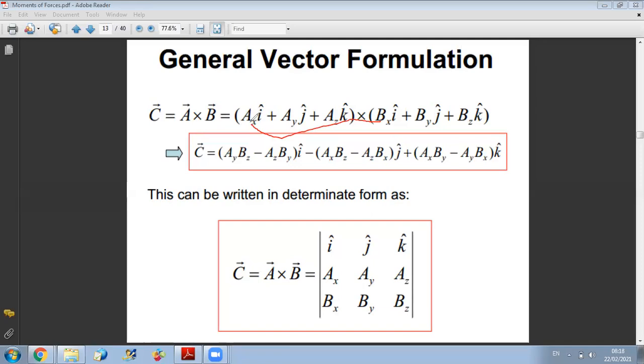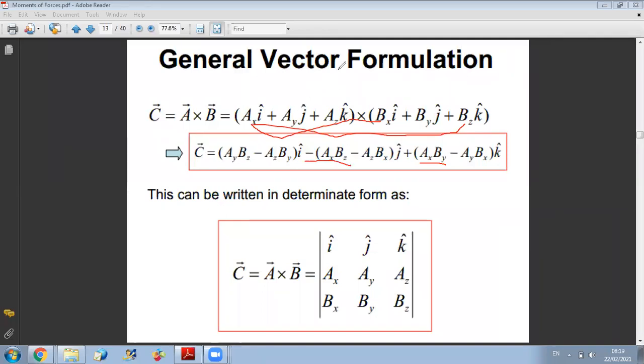Now I continue, ax by times i vectorial j. i vectorial j is plus k, so I put ax by times k. Now the next expansion, for ax i times bz k, i vectorial k is minus j, so it's minus ax bz j.